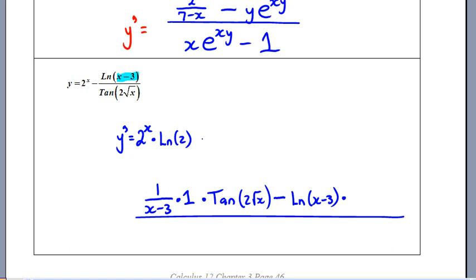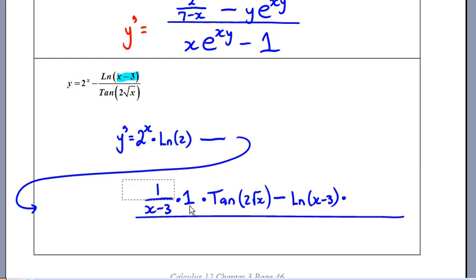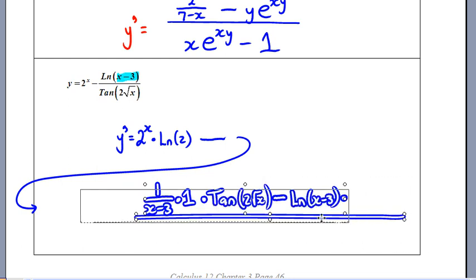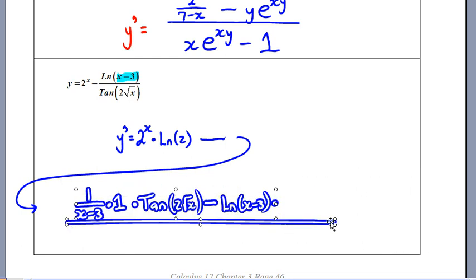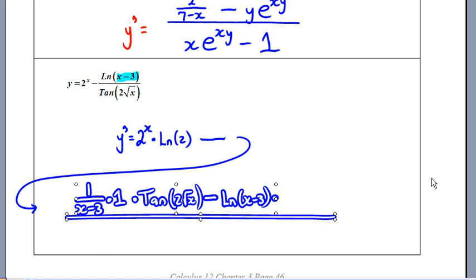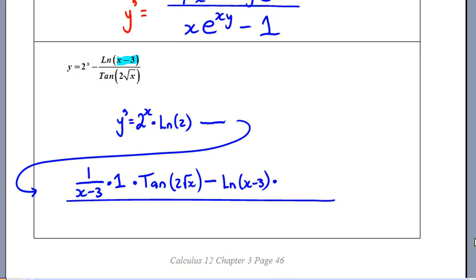All right, my derivative, that minus, and then a little word wrap. I need more room. I just need more room for this big, huge quotient rule that's coming. That should be enough space.